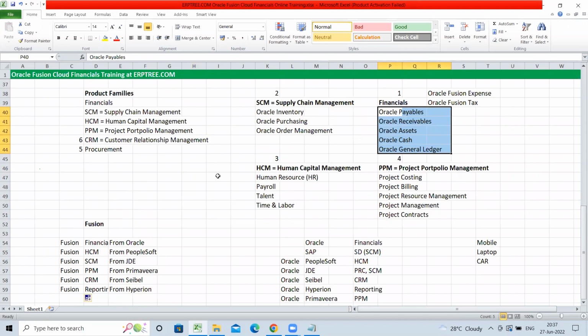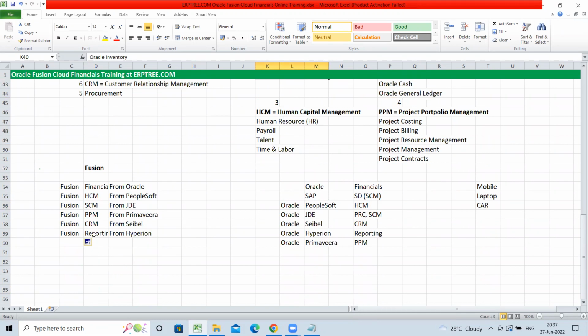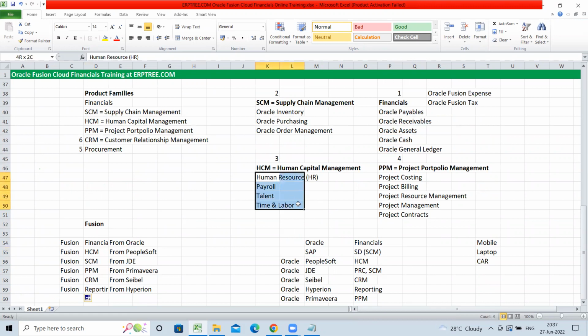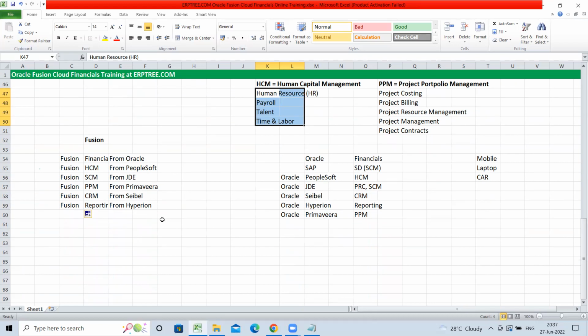They need SCM, again in SCM, which applications they need? They need Fusion HCM. In HCM, which applications they need? They'll choose as per their business process. Got it. That's how choosing would be available for clients.